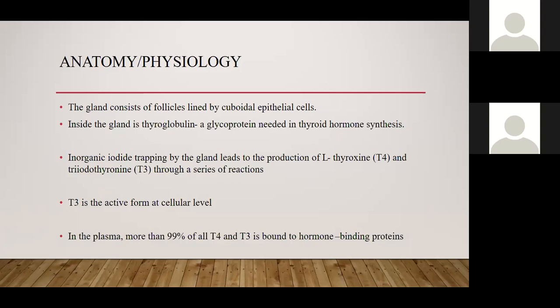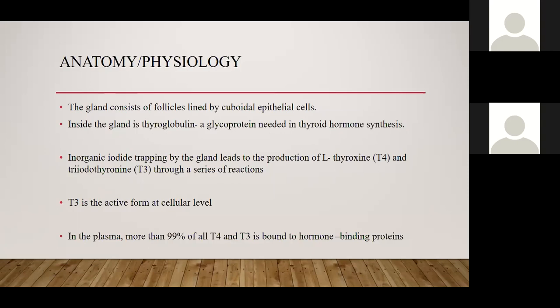Through a series of processes, including iodine trapping and conversion, you end up making your T4 and your T3. That's physiology. I won't go into details, but basically your thyroid gland makes T4 and T3 from the follicles.